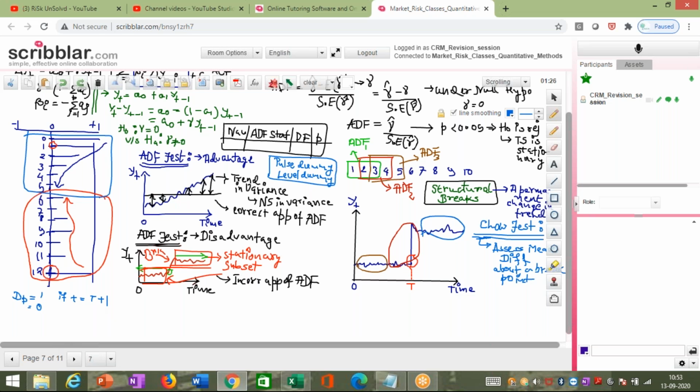So the pulse dummy is 1 for any time period after which the break has already happened, and 0 otherwise.